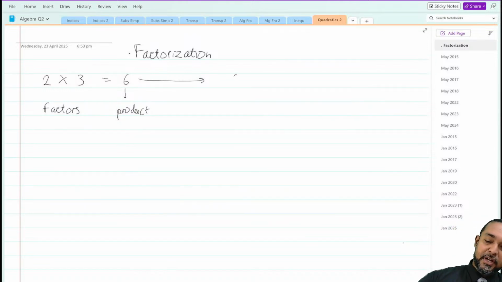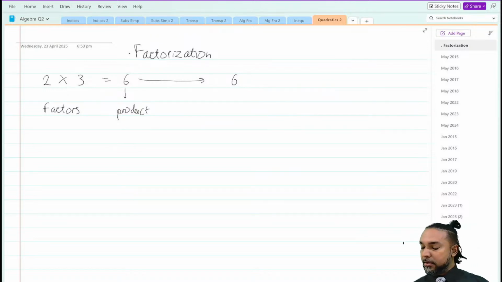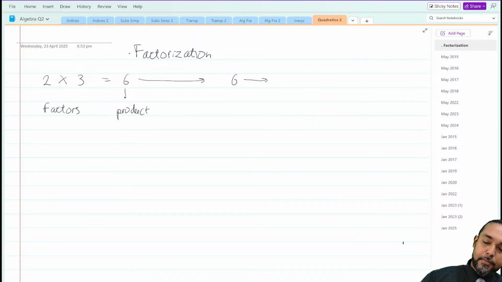So if I give you 6 and I ask you, what are the possible pairs of factors of 6? I'm asking you, what pairs of positive whole numbers, when I multiply them, will give me 6? So you could always start with 1 and the number itself, because 1 is a factor of all numbers, and every number is a factor of itself, right?